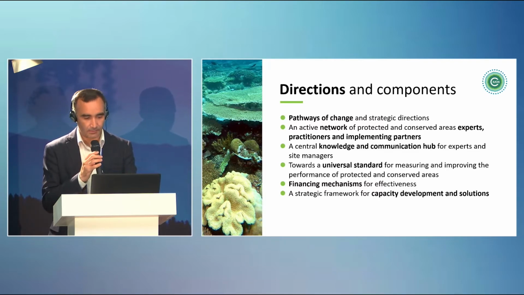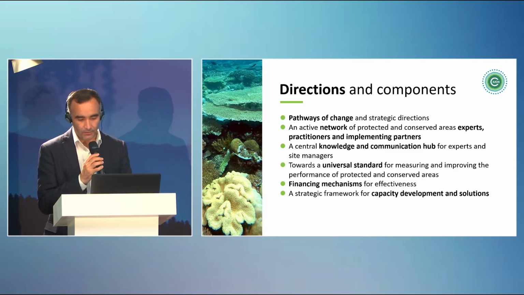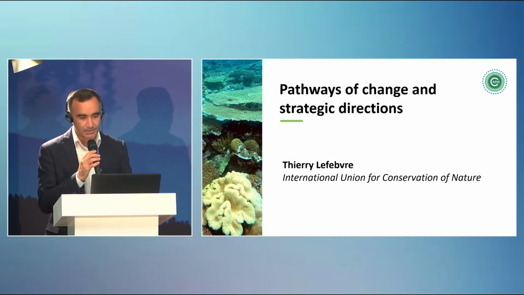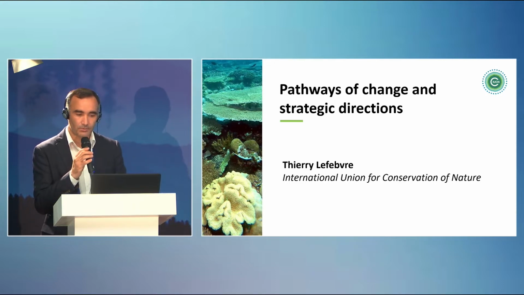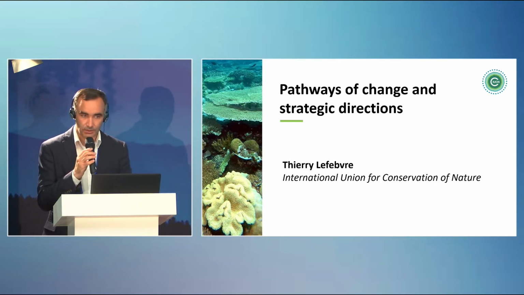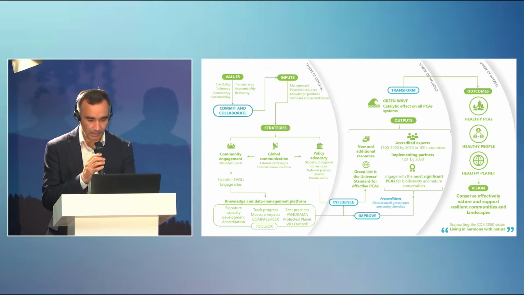Financing mechanisms also will be presented by James later, and the capacity development. So I will just start briefly to present you the pathway of change and the strategic directions, the key components of a development plan.